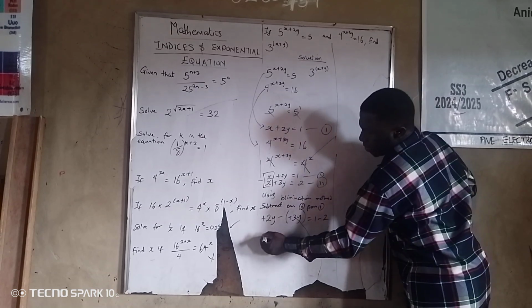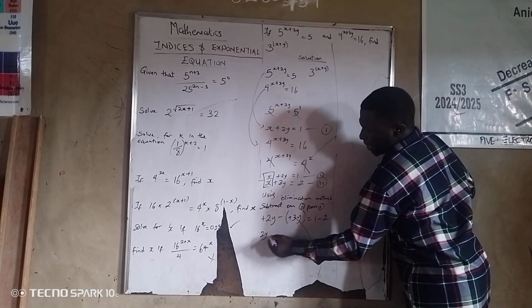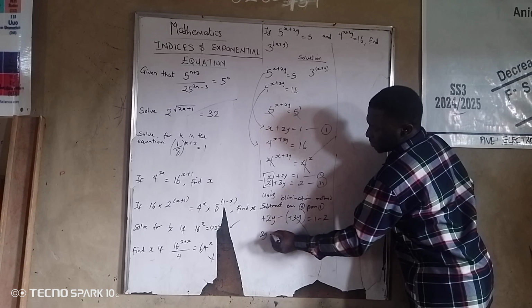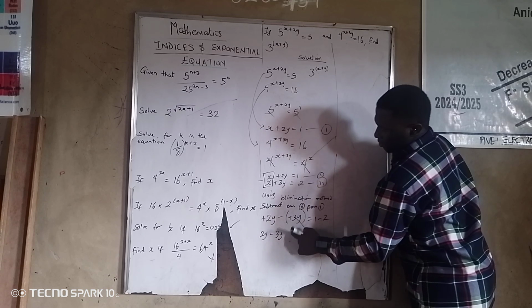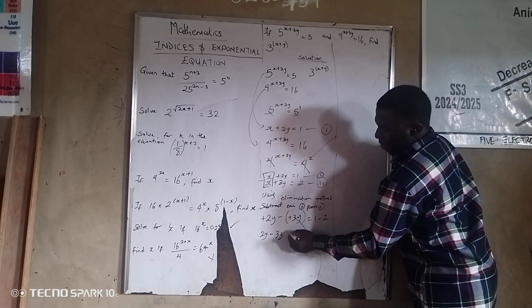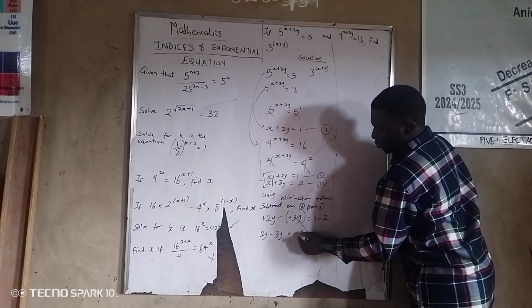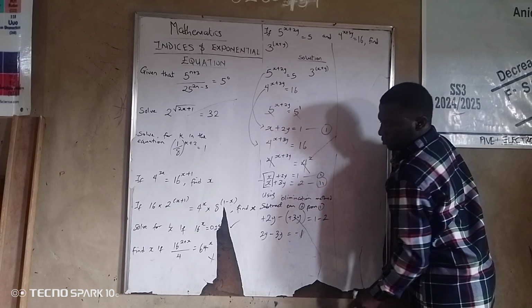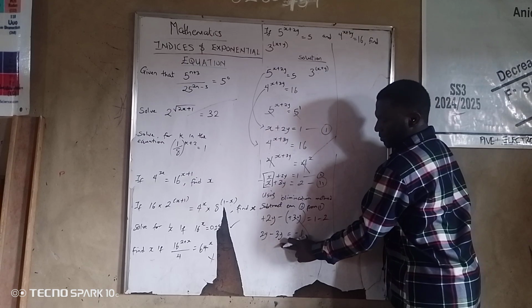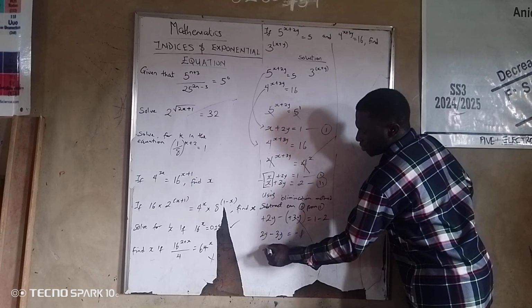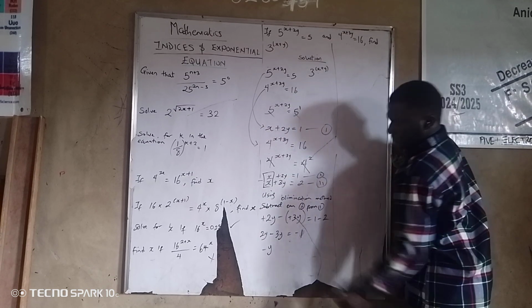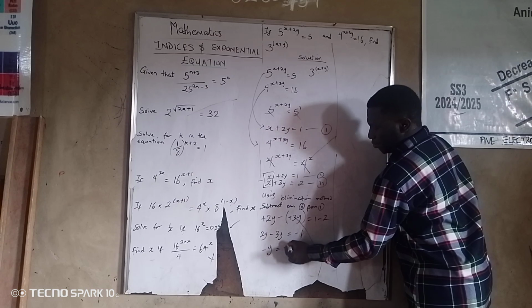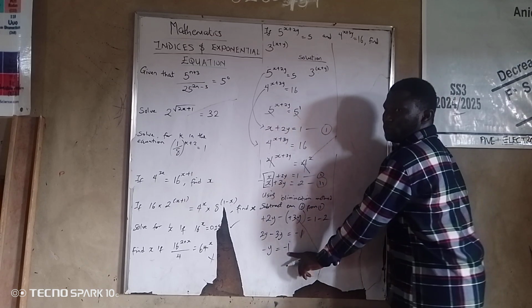Minus times plus is minus, so this is minus 3y. And 1 minus 2 is minus 1. So 2y minus 3y is minus 1y, which is minus y, equals minus 1. So the coefficient of y here is minus 1.